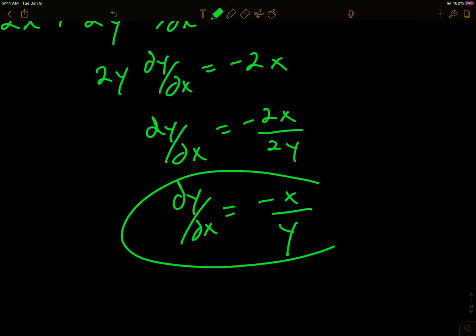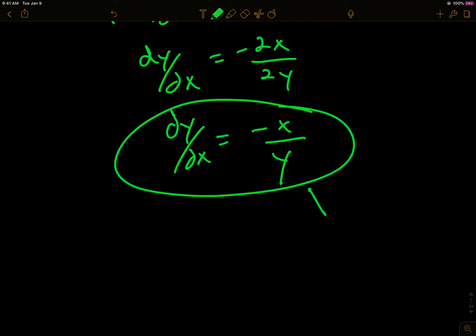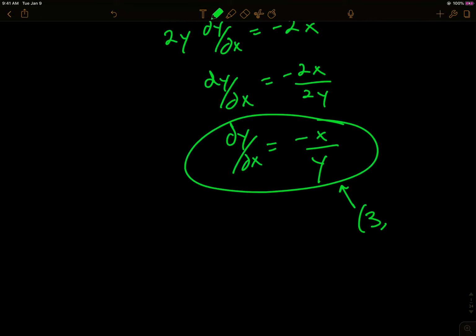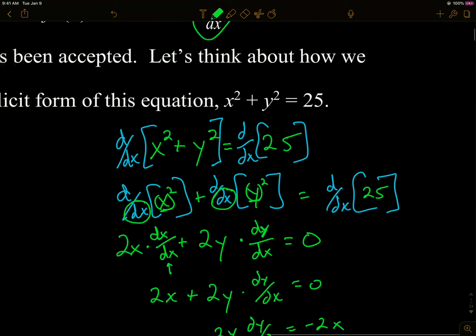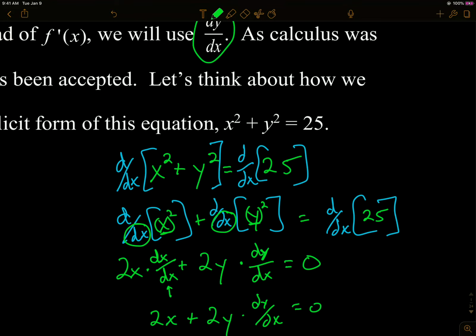That means this can represent the slope of the tangent line at any point on the circle. You'll notice that the derivative could have an x and a y in it. So now if I say find the slope of the tangent line at a certain point, I need to give you the x and the y. So I don't know points on this circle. What was the circle? Radius of 5 centered at 0, 0.